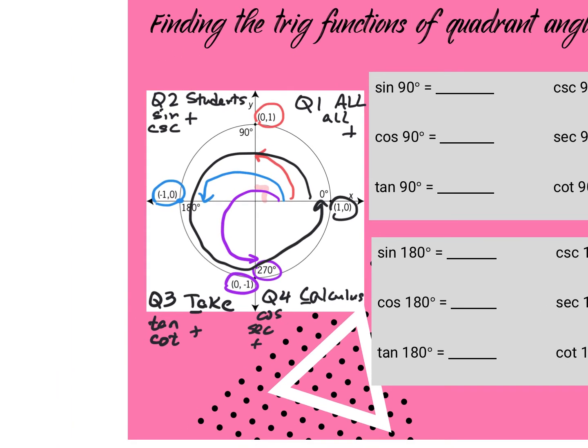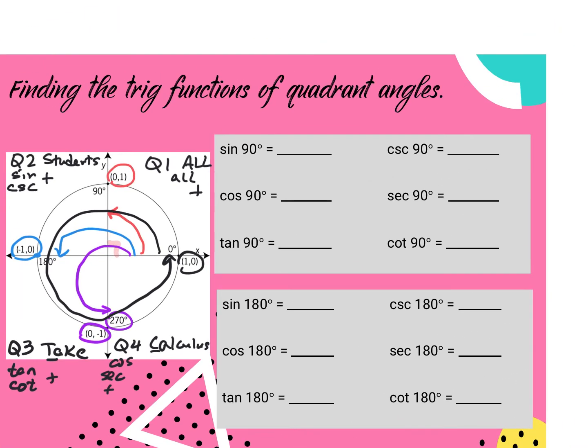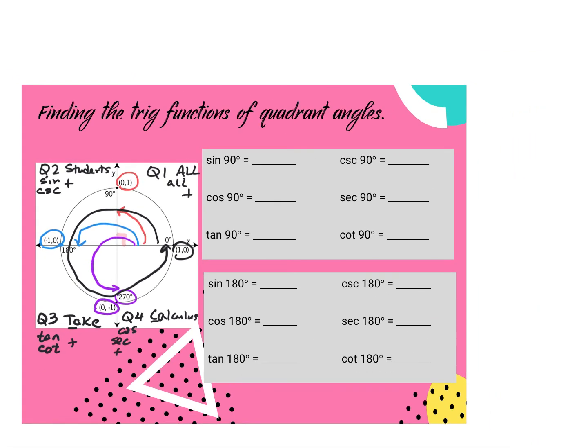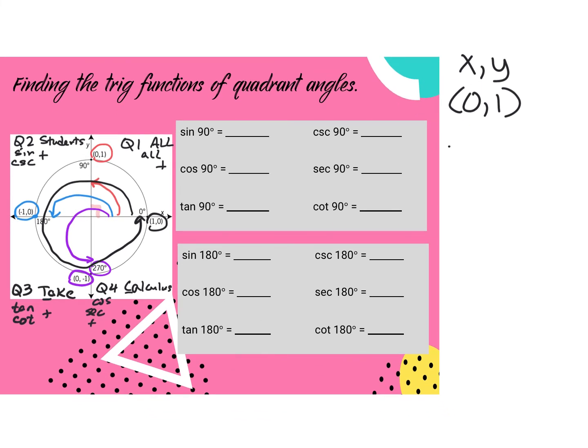Let's say I wanted to do the 90-degree angle here that I'm going to ask you to write the 6 trig functions for. So when I'm doing a 90-degree angle, I'm using the ordered pair 0, 1. This is my X and my Y. Remember to find the R value, you're doing X squared plus Y squared and leaving it under the square root.